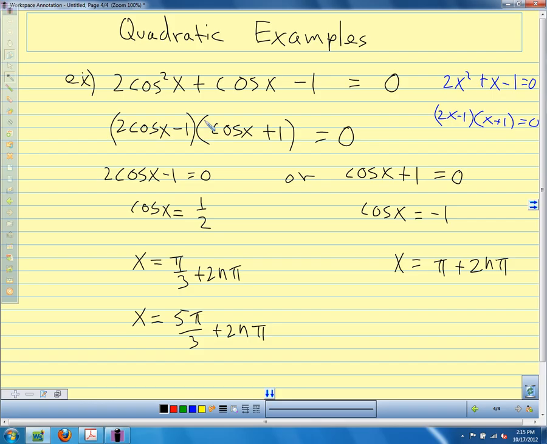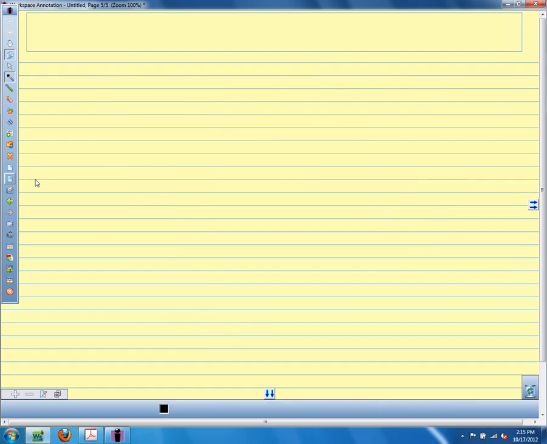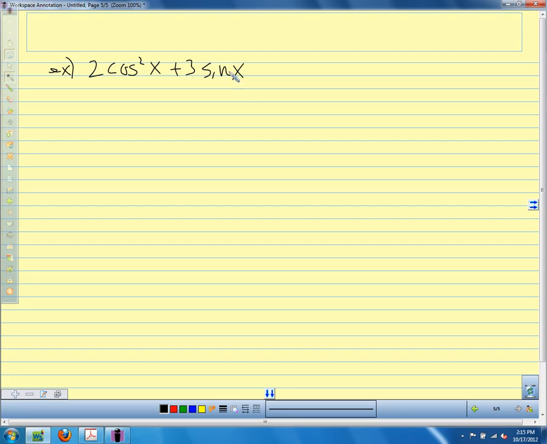All right, I have two more examples that I want to do. Another quadratic and one with a multiple angle. So on this one, we have a little bit more work to do. For this one, we're going to do 2 cosine squared x plus 3 sine x minus 3 equals 0.